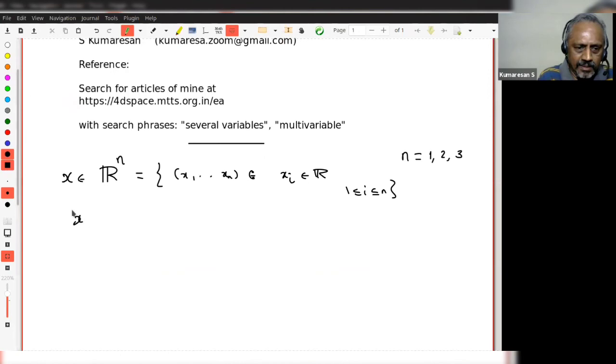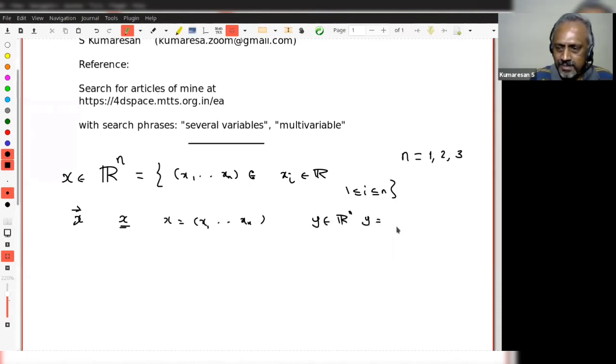I will not write x vector, and unlike a textbook, it will not be in boldface. When I write x is in R^n, it stands for the n-tuple. So if I write y is in R^n, I know what it means, right? All of you know that. Given any element of R^n, I will call it a vector.